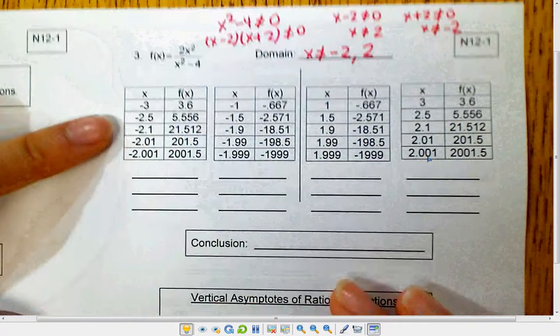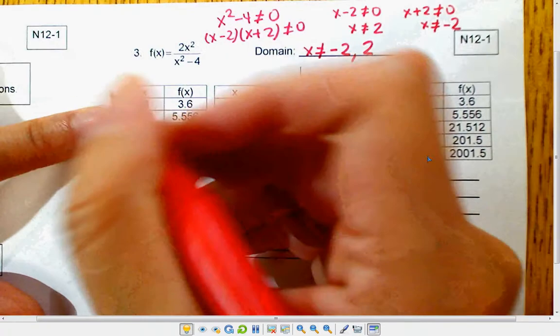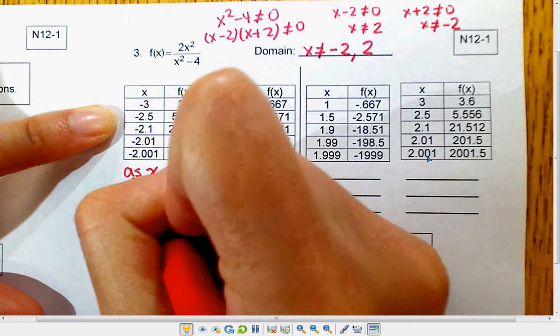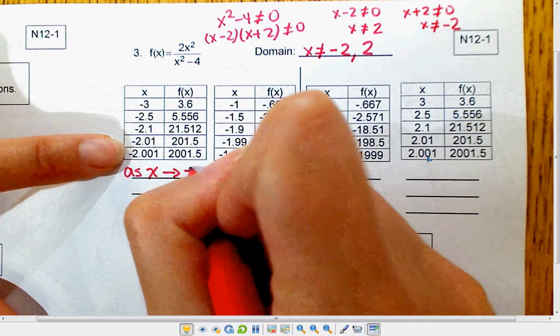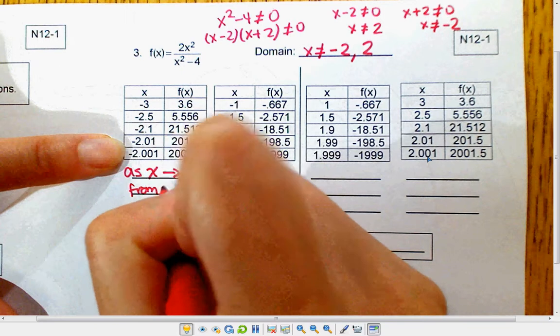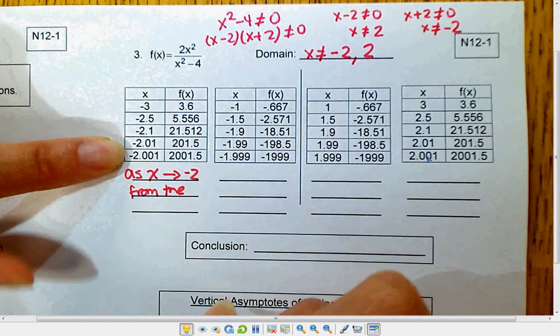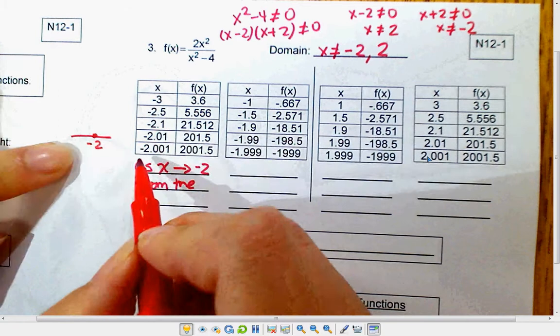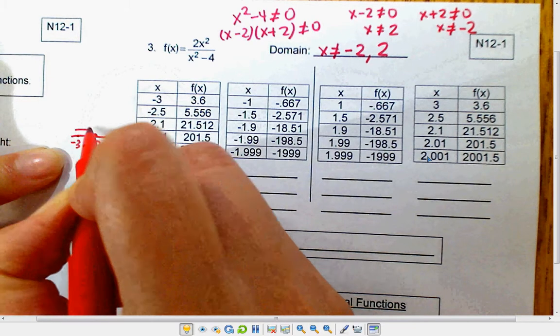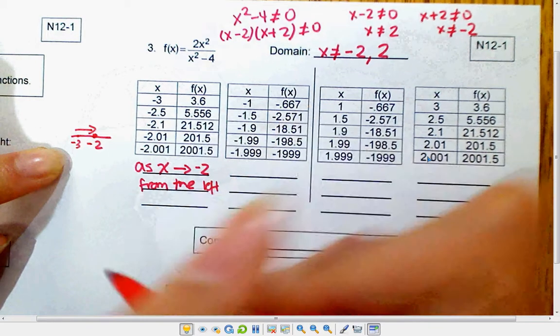So let's look at our charts here. For this table right here, as x approaches, what is this getting closer and closer to? Negative 2 from the left. If this is negative 2, negative 3 is on this side, right? So it's approaching it from the left.